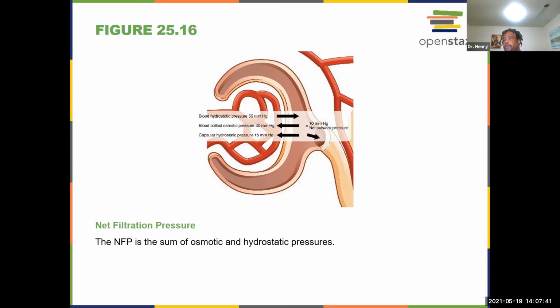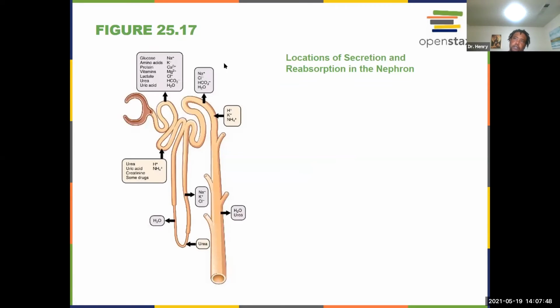During that process, as it's flowing in this earlier region of the nephron, you're going to get absorption of amino acids.